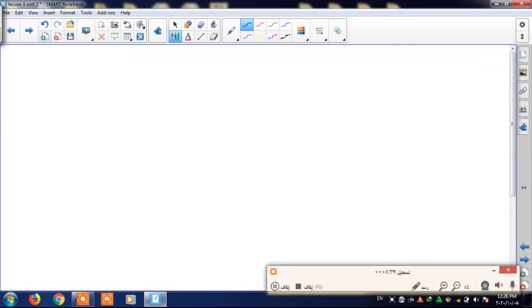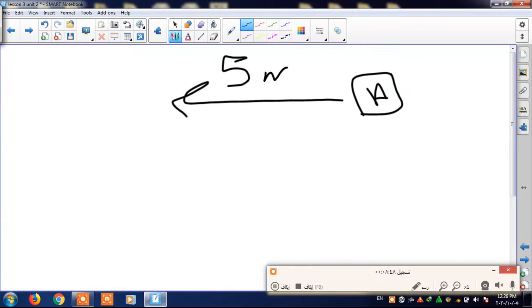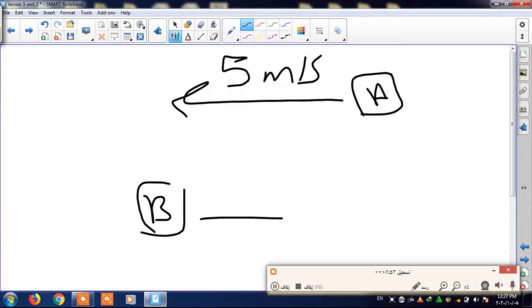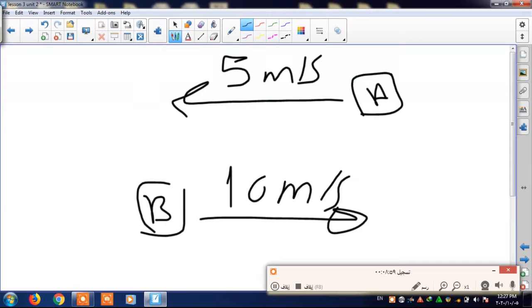Another example to describe the relative motion. If I am in car A moving in this direction with velocity 5 meter per second, and you in car B move in the opposite direction to me at speed 10 meter per second.